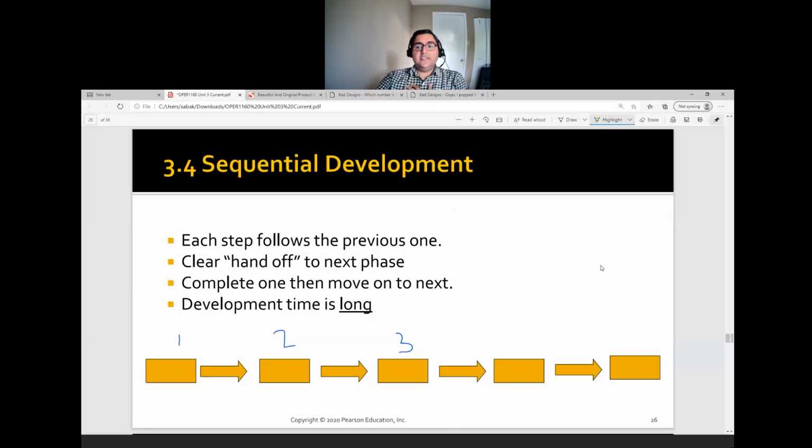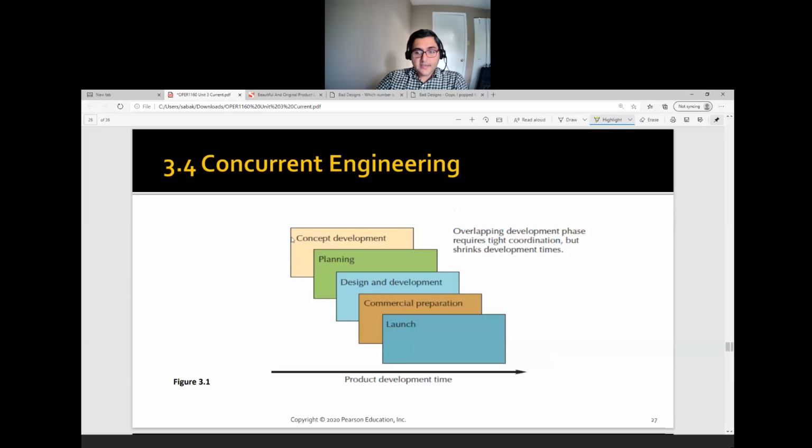The same is the case if you're trying to create a product which can affect the safety of human beings. Normally you go for this even if the development time is higher, but what is generally practiced is what's called concurrent engineering.